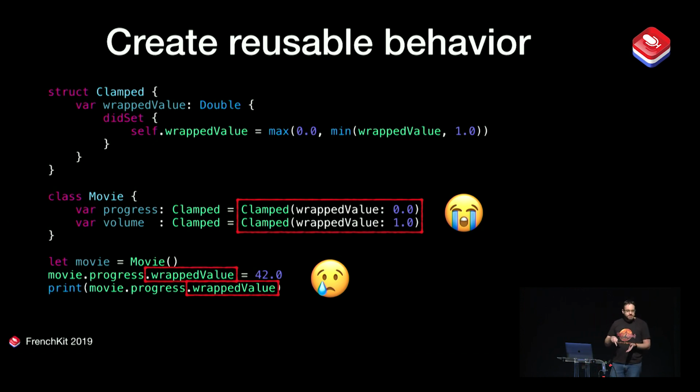So it's nice to reuse this behavior in multiple places in your app, but when it comes to call site, it's not that great. So we're at that point in Swift 4, and we're kind of forced to pick a side between copy-pasting the didSet or reusing that in a type, but having this strange call site.